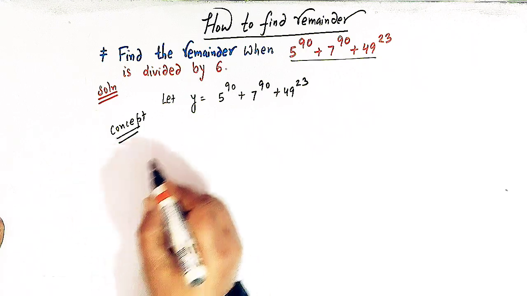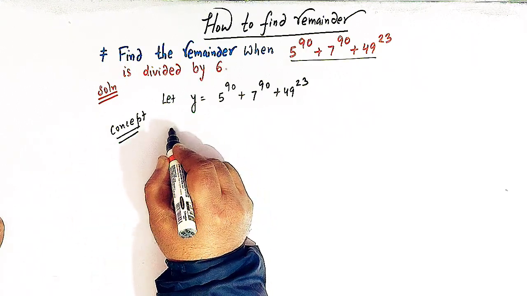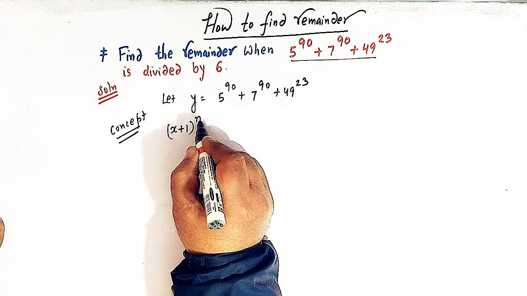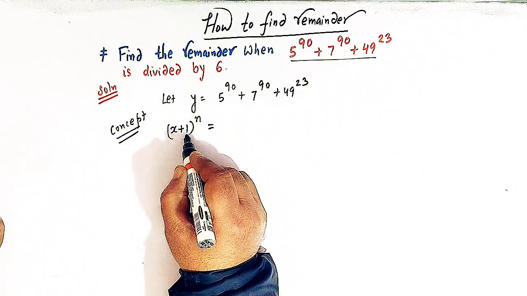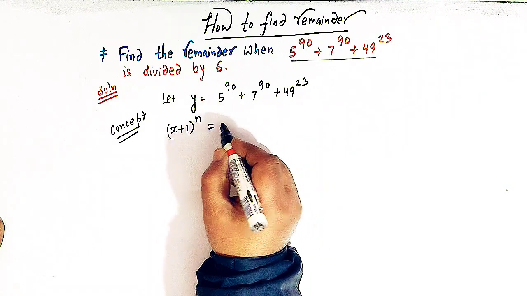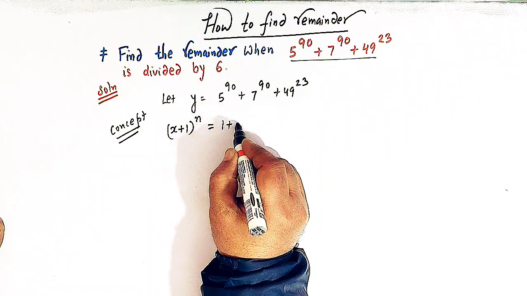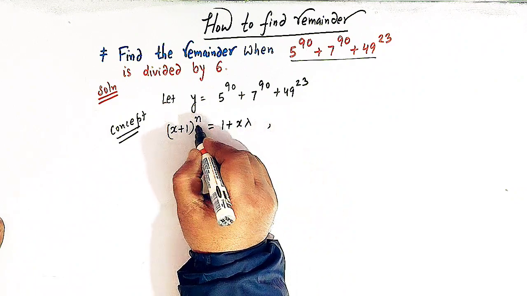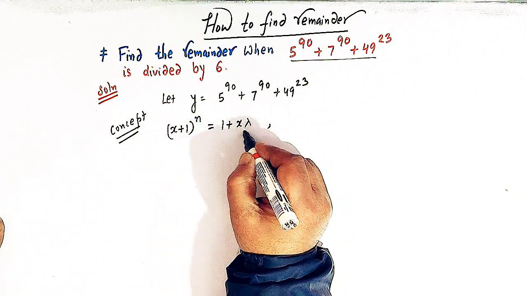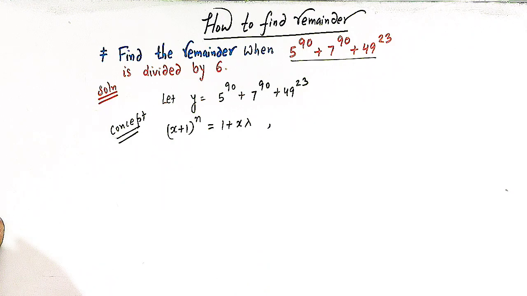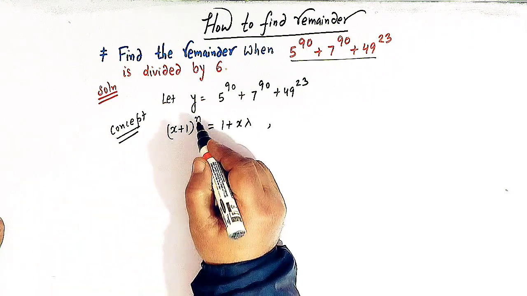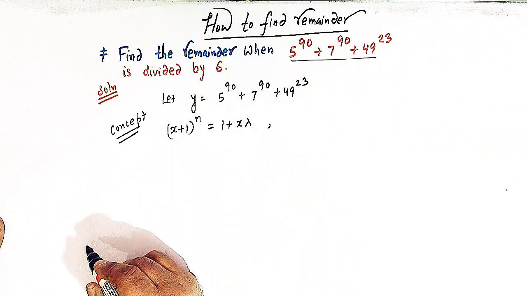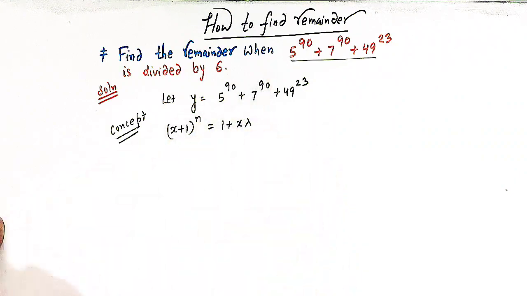When we write a number in the form x plus 1 raised to n, it can be written as 1 plus x times lambda, where n is a positive integer and lambda is also a positive integer.